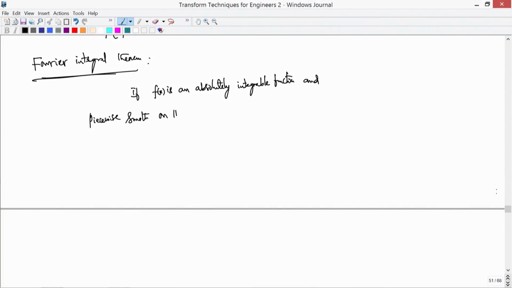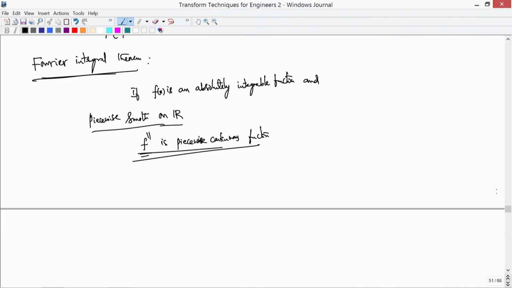That means only finitely many jump discontinuities are allowed for any n-th derivative of such a function f of x. Piecewise smooth on R. What we require here is only that f double dash is a piecewise continuous function. That is the meaning of smooth here.